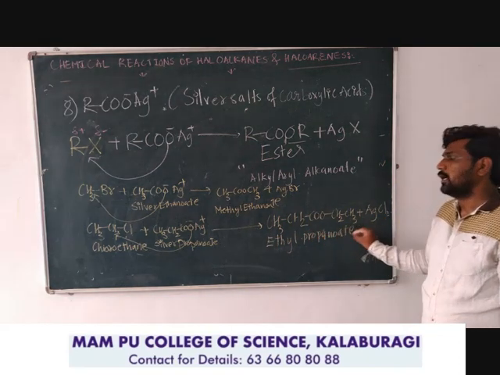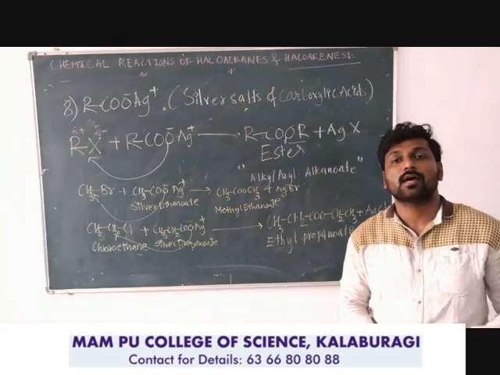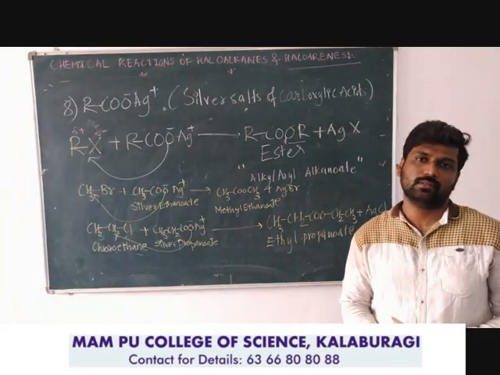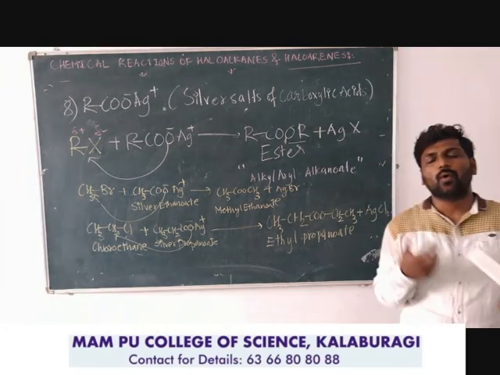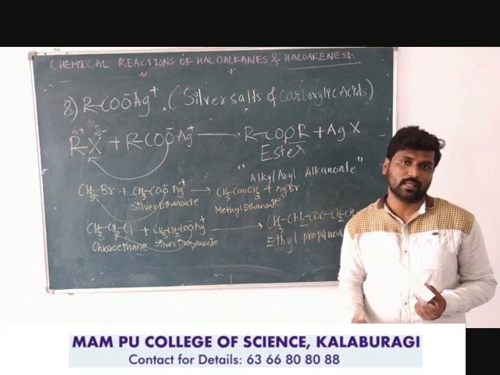So generally we get esters when the silver salts of carboxylic acids are heated with haloalkanes. Okay, so let us summarize all these reagents which are used for the nucleophilic substitution reaction.